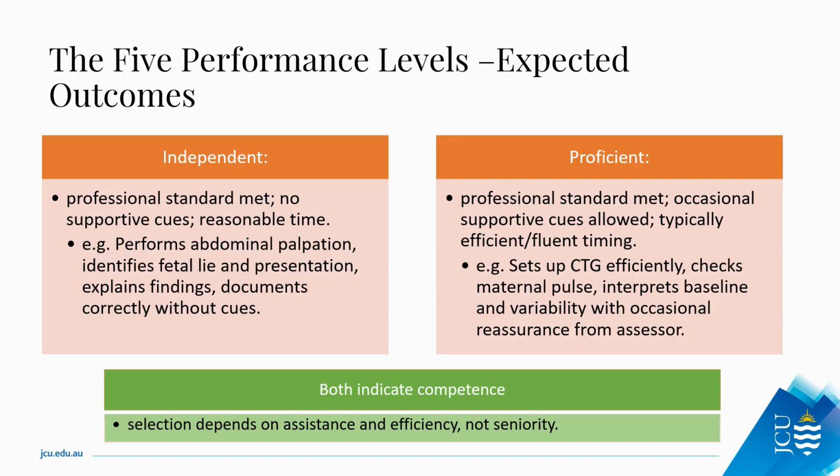Proficient students are fluent and practiced, whereas independent students perform effectively without unnecessary use of time or resources. The timeframes differ, with one being reasonable and the other expedient. The assistance required also differs, as independent requires no supportive cues, while proficient may involve occasional supportive cues. Both ratings indicate competence.